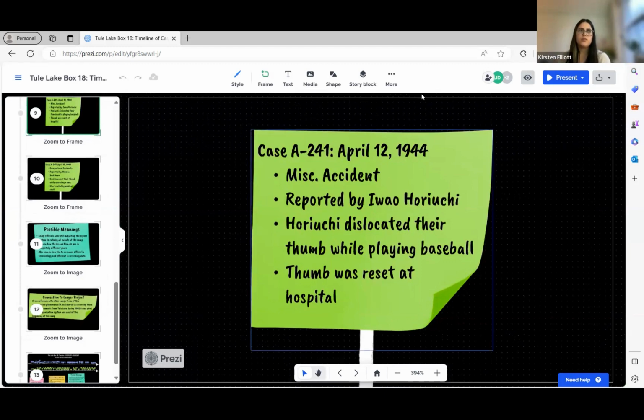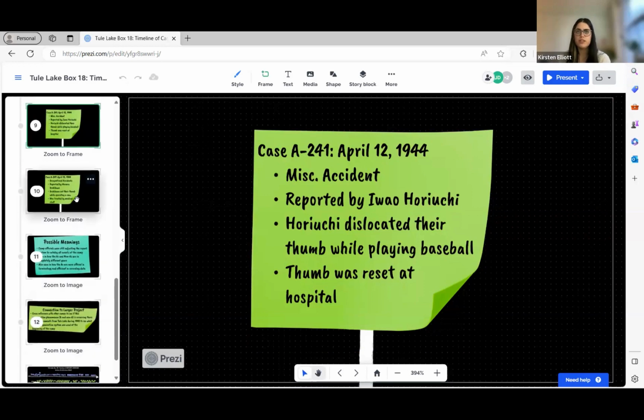I think there were 4 cases of people getting injured while playing baseball, which I found interesting because it was just kind of like the human aspect of it again, of people still playing sports and enjoying themselves and also getting injured, because that happens a lot if you're playing a sport.